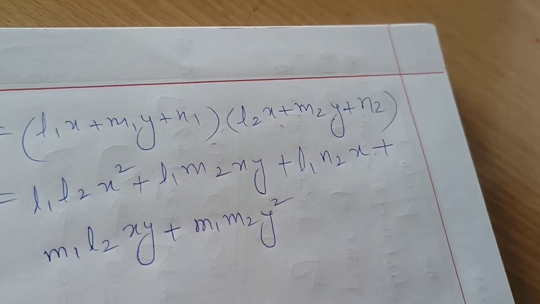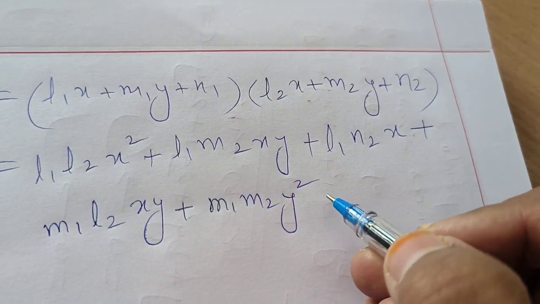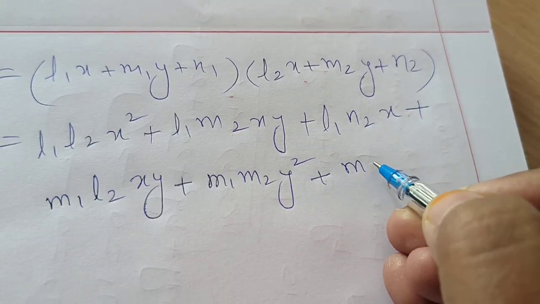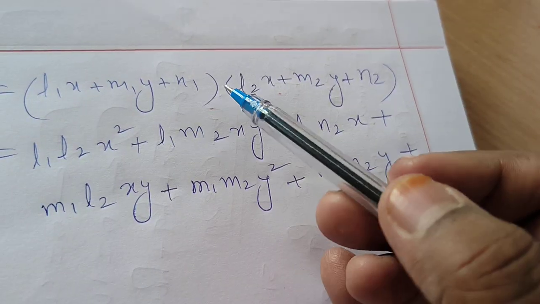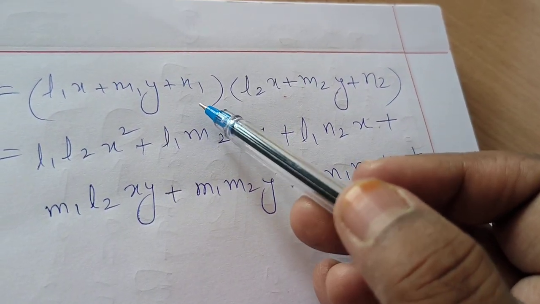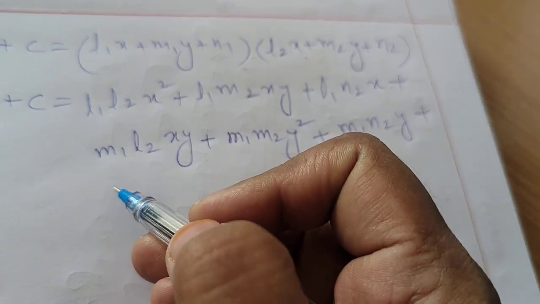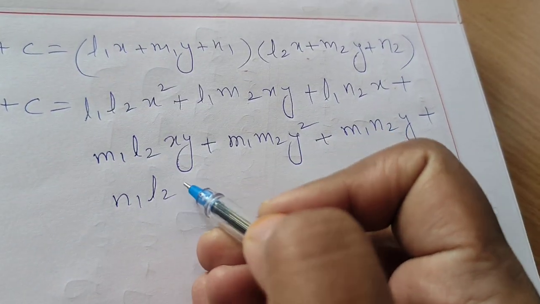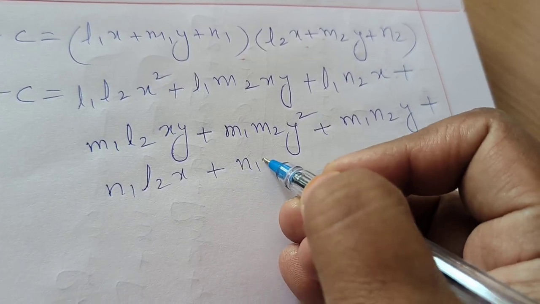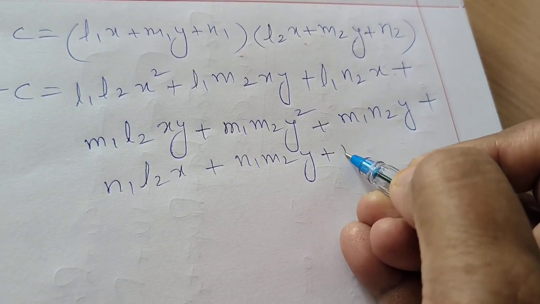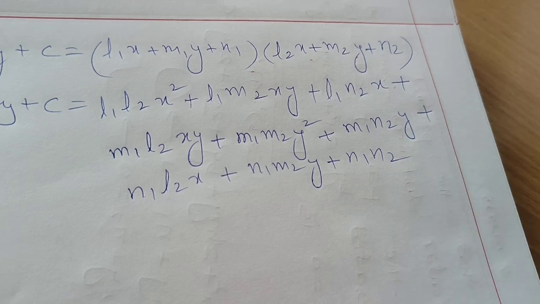Now M1y is multiplied by N2, so this becomes M1 N2 y. The third term is N1 multiplied by L2x, so we write N1 L2 x, plus N1 M2 y, plus N1 N2.